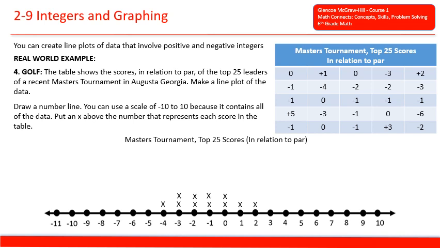Third row: -1, 0, -1, -1, -1. Fourth row: +5, -3, -1, 0, -6, -1. And the final row: 0, -1, +3, -2. And that is the distribution of the golf tournament.